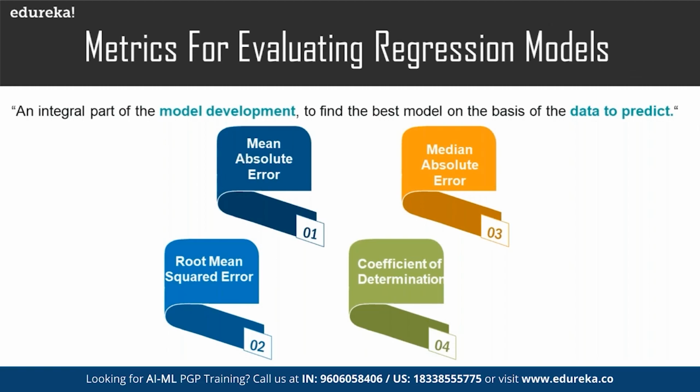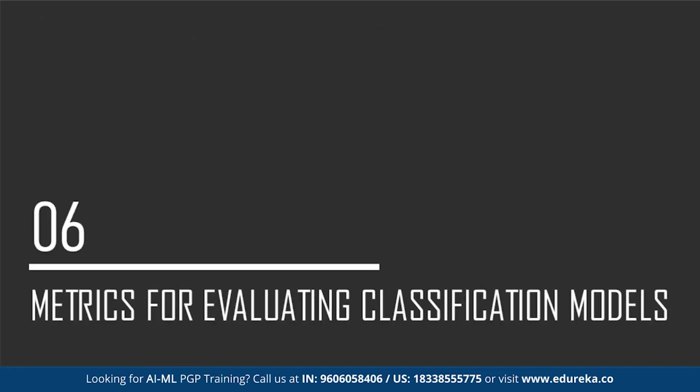So the next one would be metrics for evaluating classification models, and here we will go in depth talking about different types of evaluation metrics, otherwise called performance metrics, or also known as error metrics, and we do it here for the classification task.